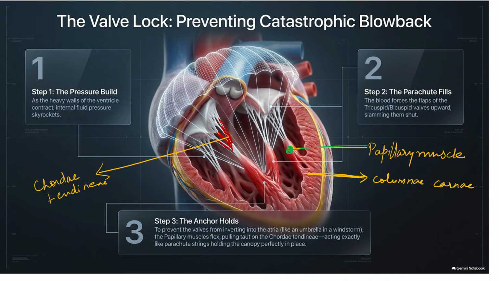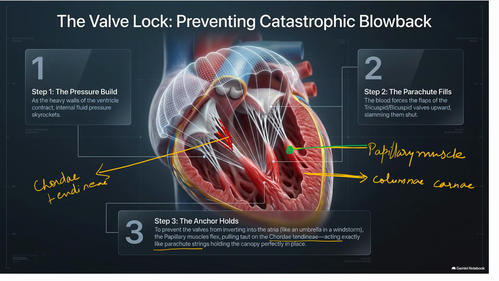The chordae tendineae act exactly like a parachute string holding the canopy, so that the cusps, tricuspid and bicuspid, when the ventricle is increasing the pressure to pump or eject the blood into the pulmonary artery or aorta, are prevented from going back into the atria.